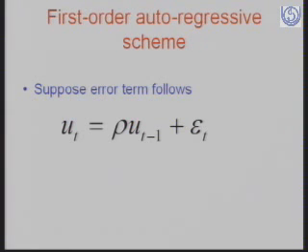I use the subscript t because usually autocorrelation is found in the case of time series data. This is a first order autoregressive scheme, which means u_t is dependent upon u_(t-1).